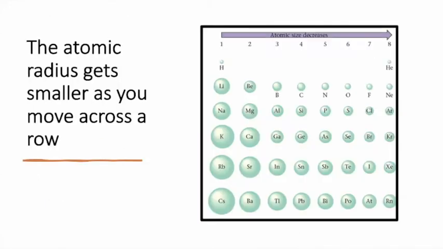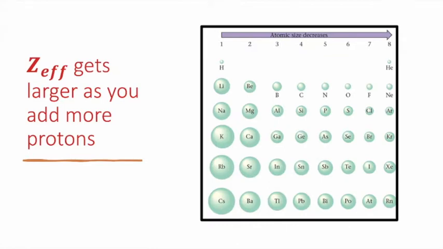The atomic radius gets smaller as you move across a row from left to right. And remember that as you move across the row in the periodic table, you add more protons. And as you add more protons, the effective nuclear charge gets larger. The electron feels the positive charge more strongly.